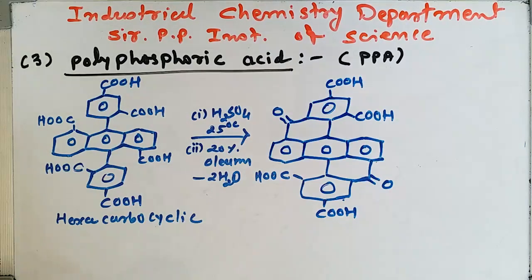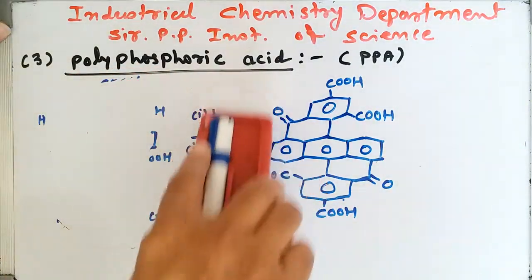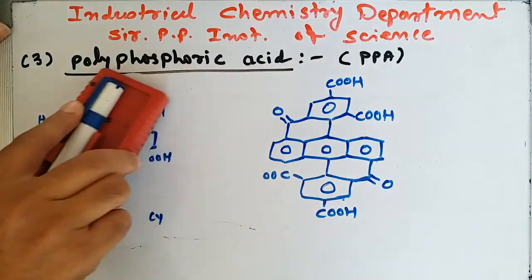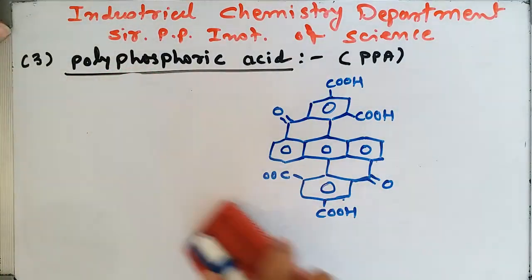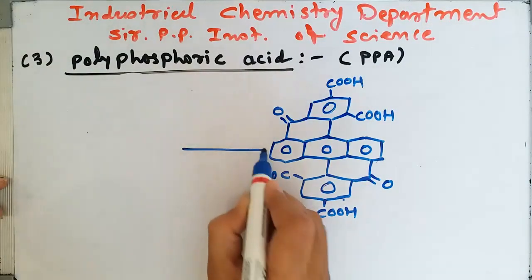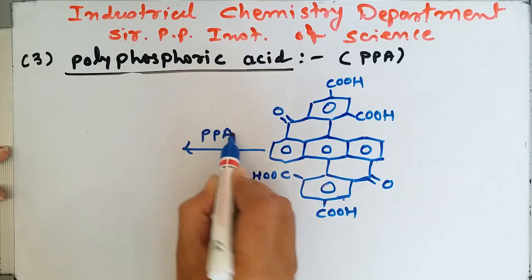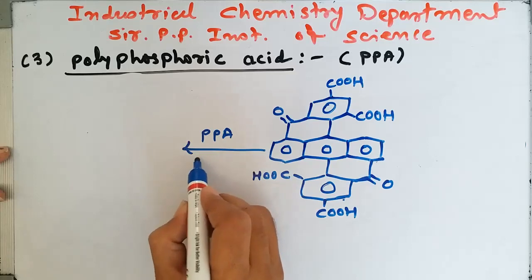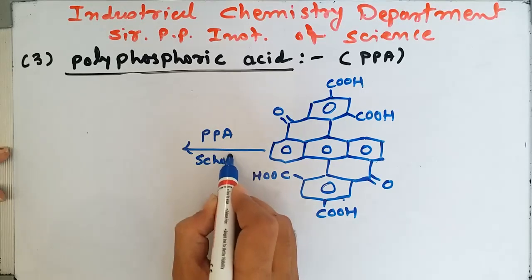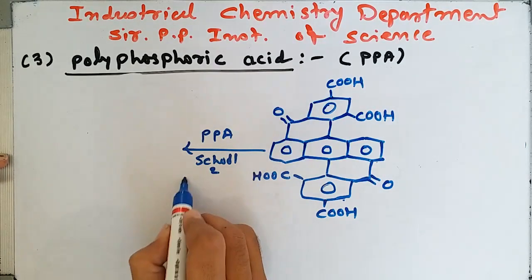About the reaction: polyphosphoric acid, PPA, or Scholl cyclization, the name of the scientist, and the second name is Mayer.